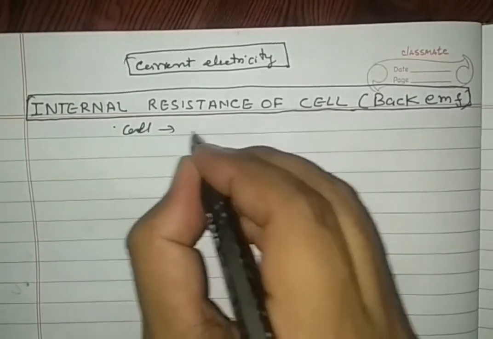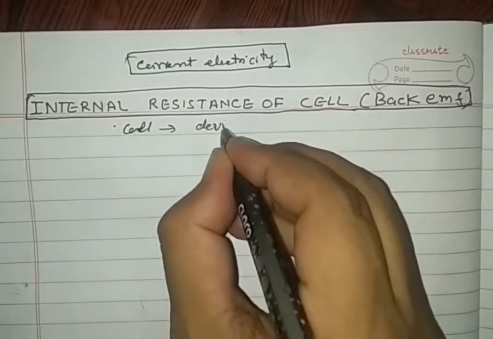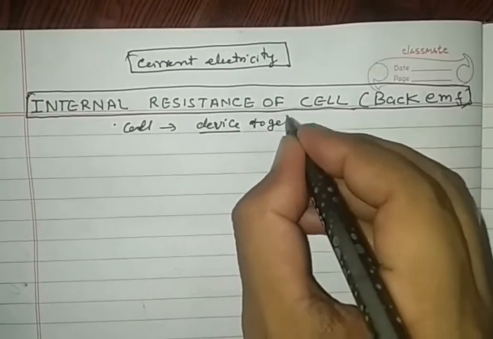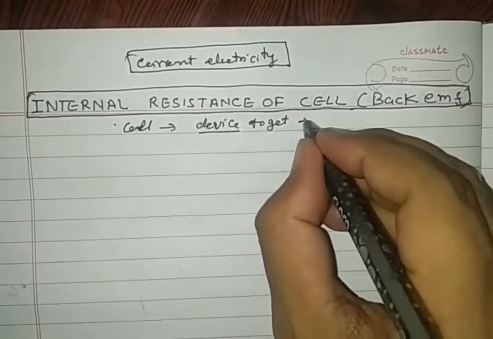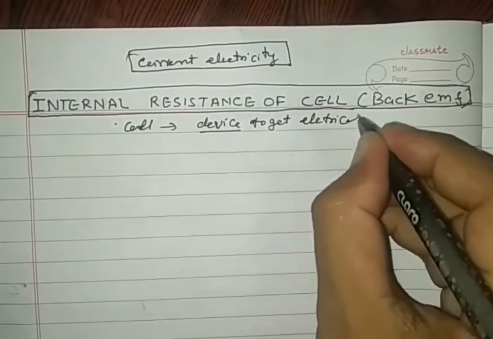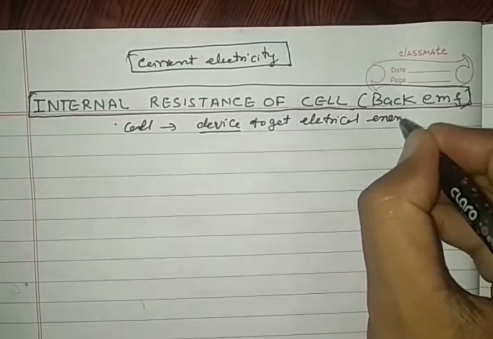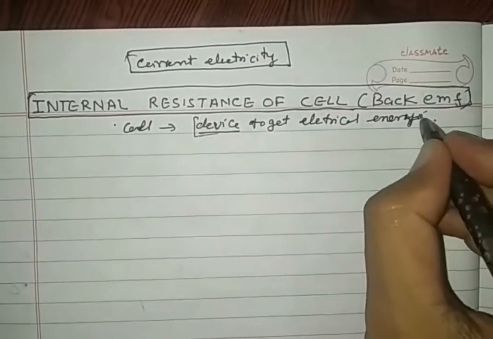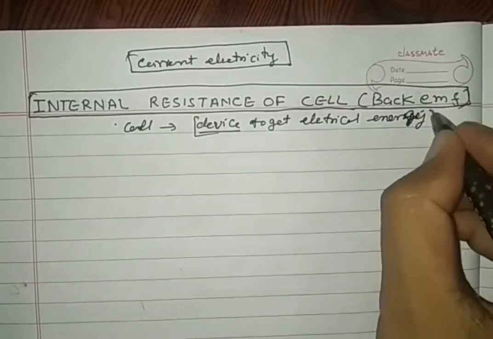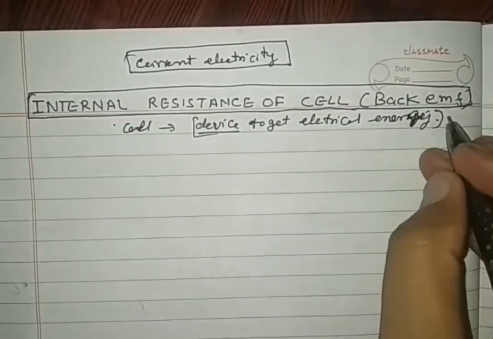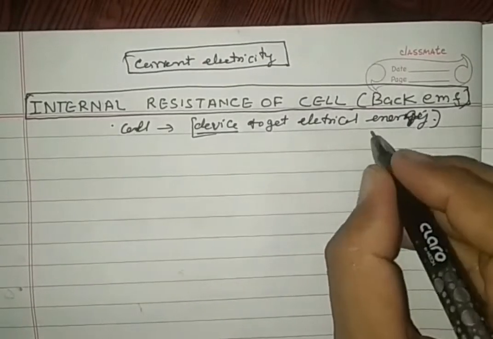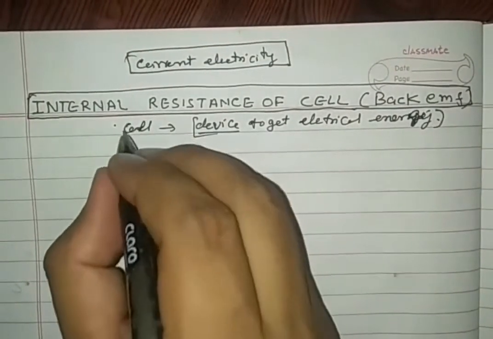Since we know, a cell is a device to get electrical energy, right? Device to get electrical energy, electrical charge, voltage, current. We are taking from a cell.